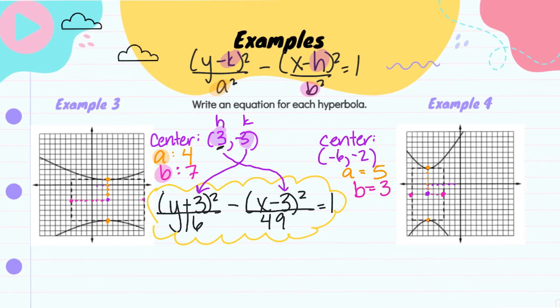And then we just write our formula: y minus k, which is the negative 2.